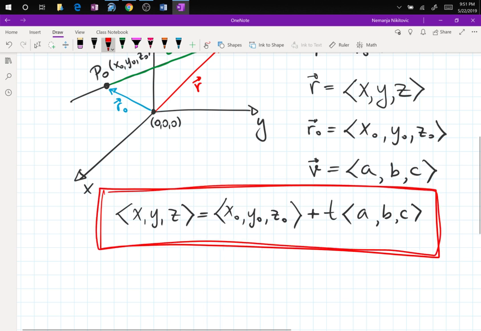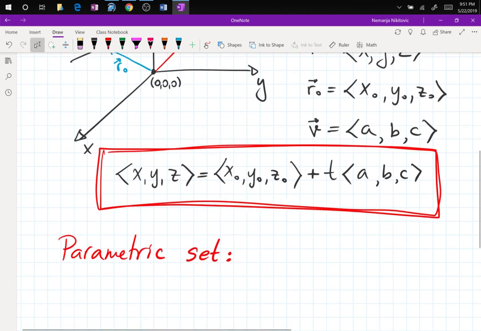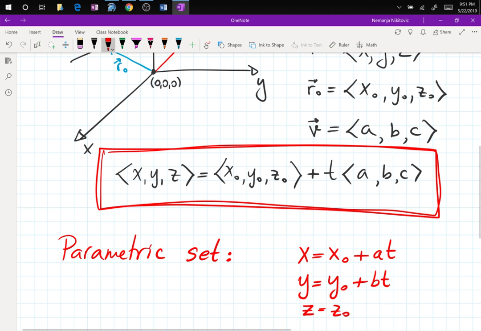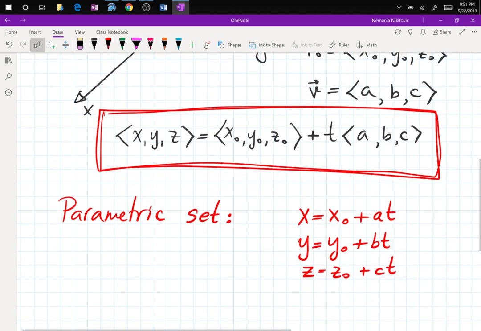But it's not as cool as we would like it to be. So we are going to come up with the parametric set, which is what we use. x equals x0 plus at, y equals y0 plus bt, z equals z0 plus ct.